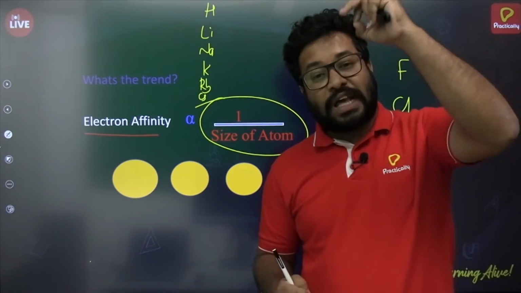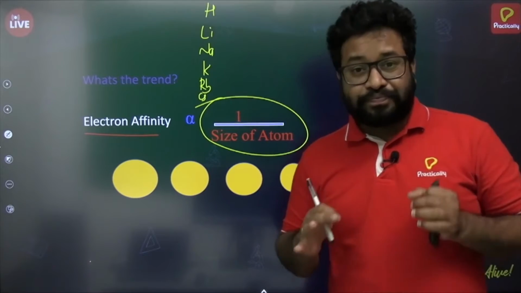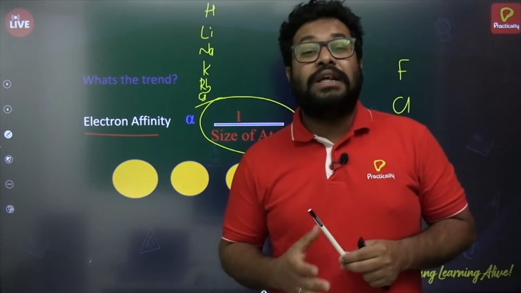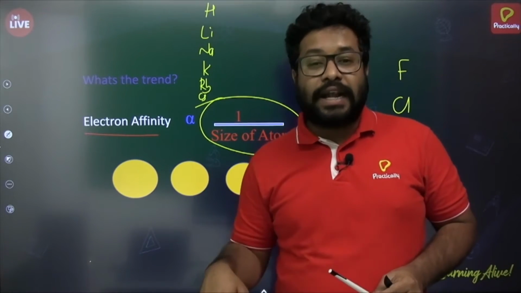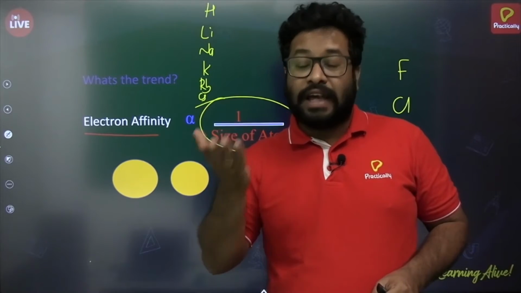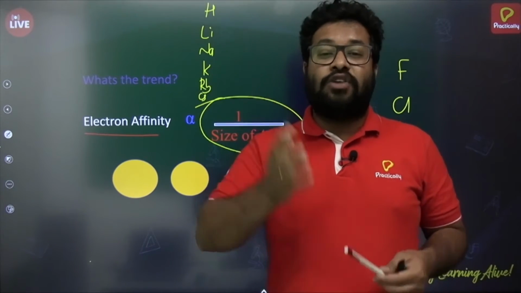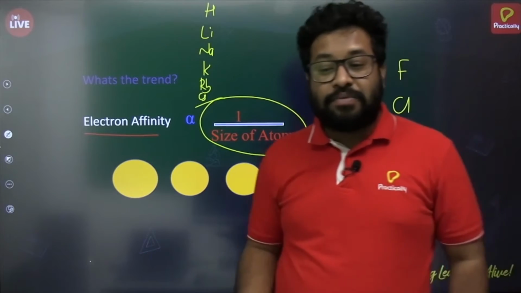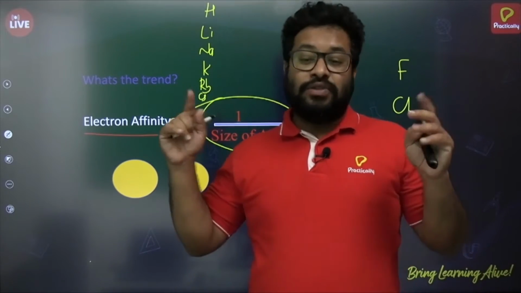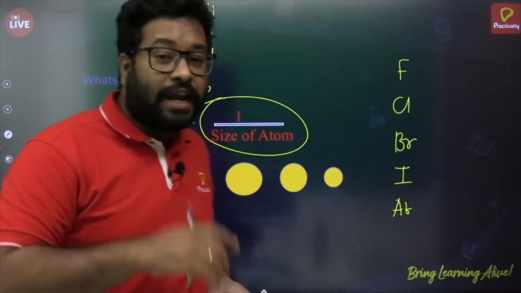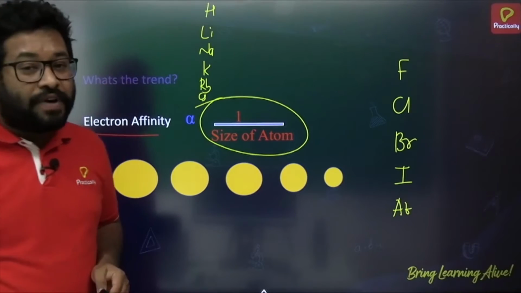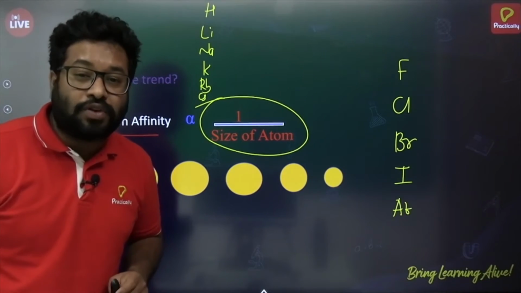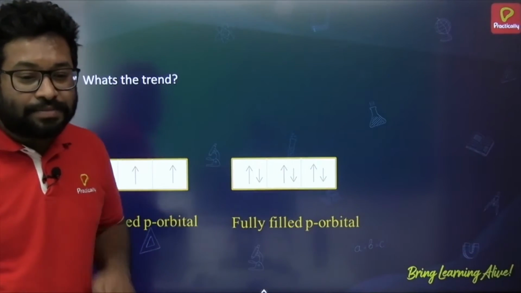Why? Because as you go down the group, the size of an atom increases. As the size increases, the value of electron gain enthalpy decreases because they are inversely proportional. Okay. So this is again the regular trend, but again you would find exceptions to this also. Okay. Let's move ahead.